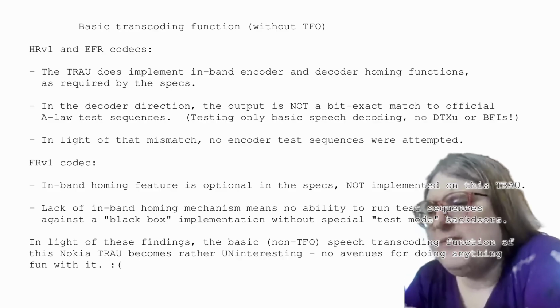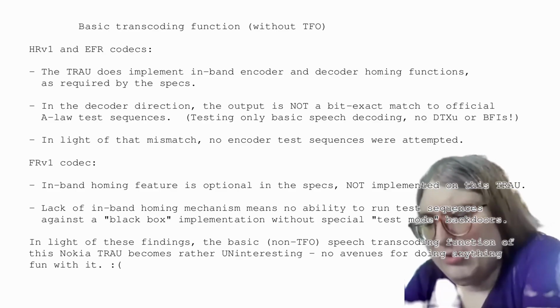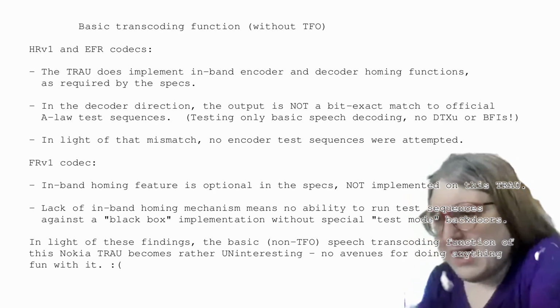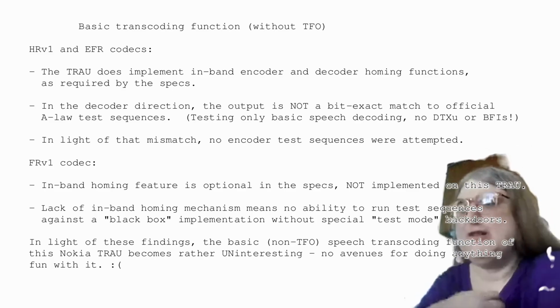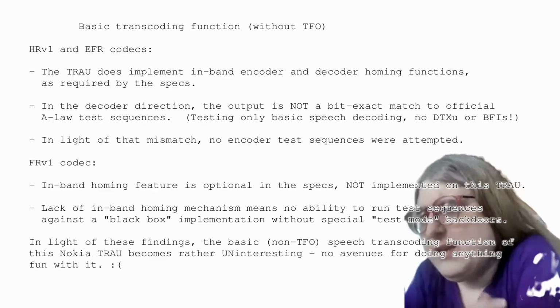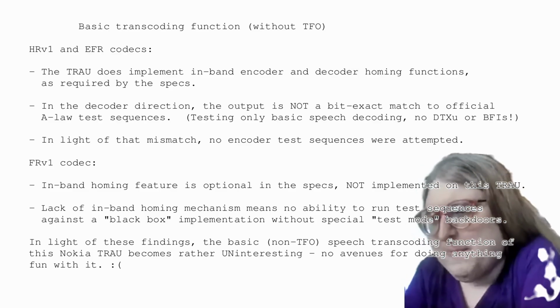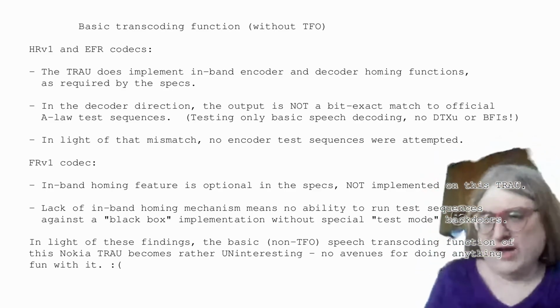It's not feasible to look at the A-law or mu-law output of a speech decoder and say, aha, they did this and this and this, and the logic somewhere deep. That's impossible. The only thing you can do is have a hypothesis: okay, I think it does this. So you do a software simulation of what you think it does, and then compare the output against the real output and see match or no match.